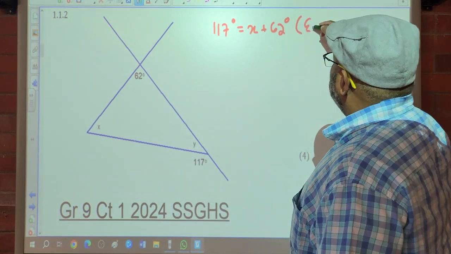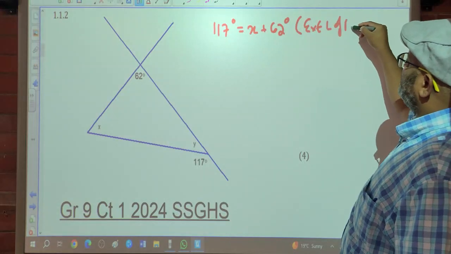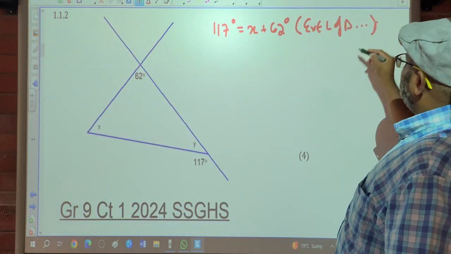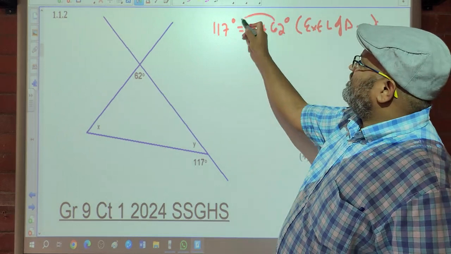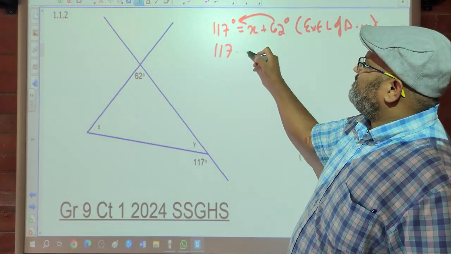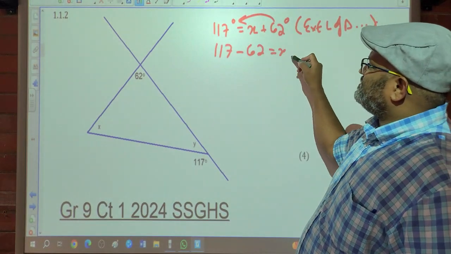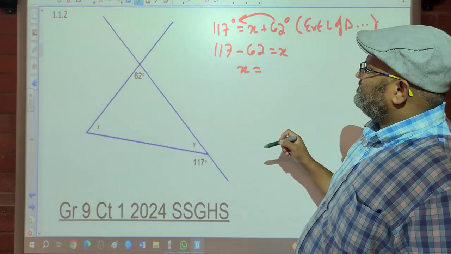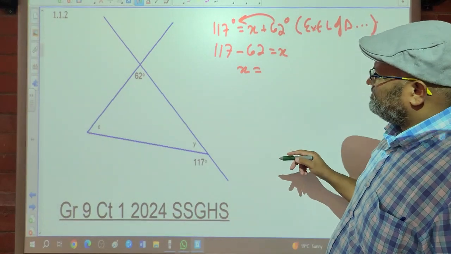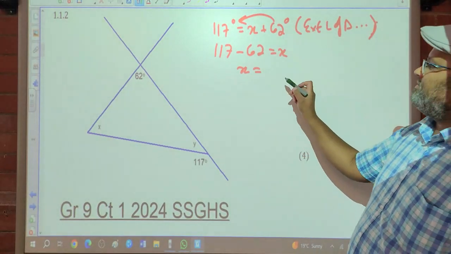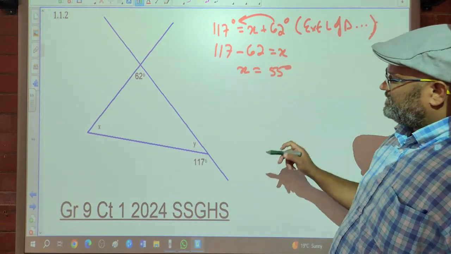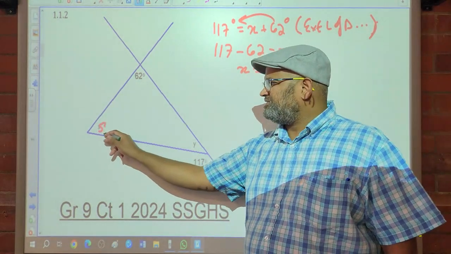Why? Exterior angle of triangle. So you take it over, becomes 117 minus 62 is equal to x. So x works out to be 55.